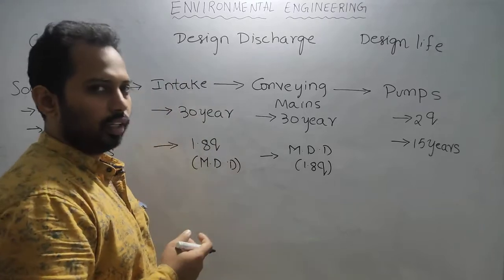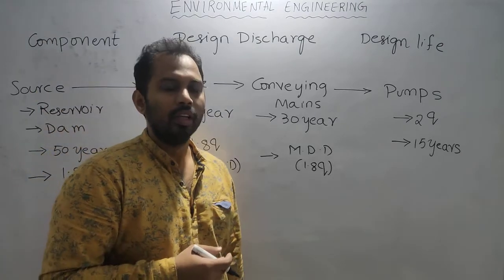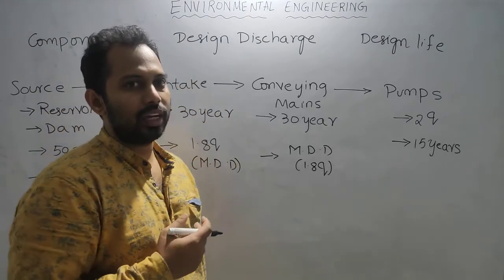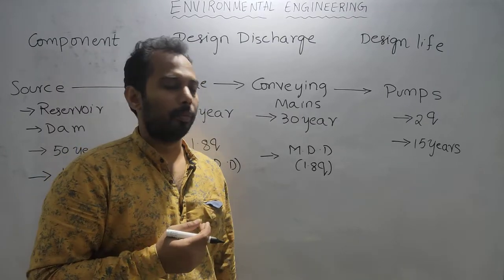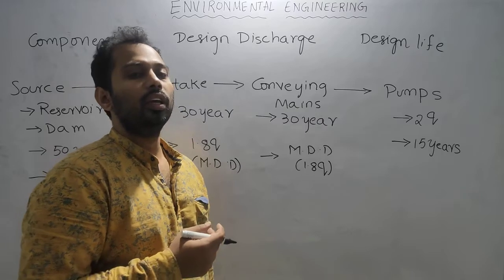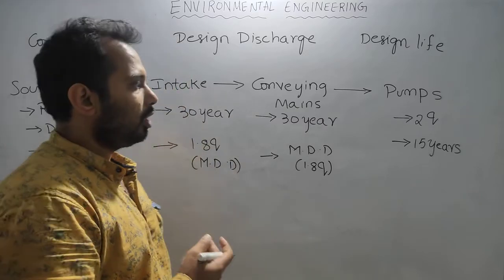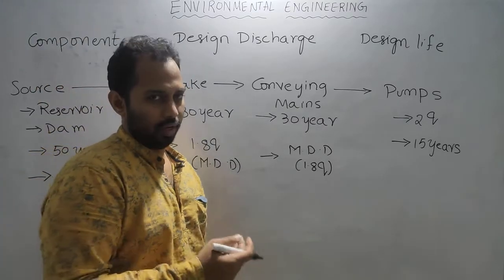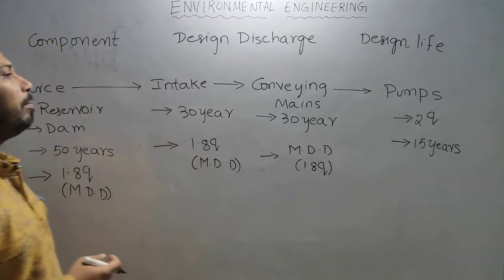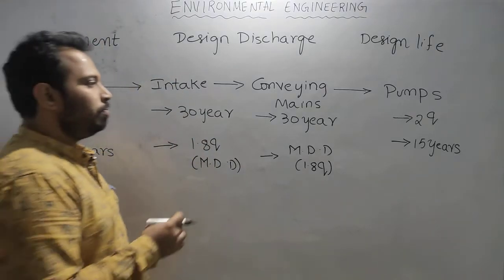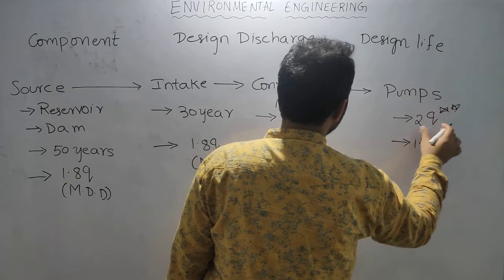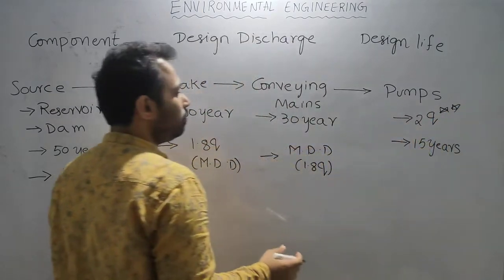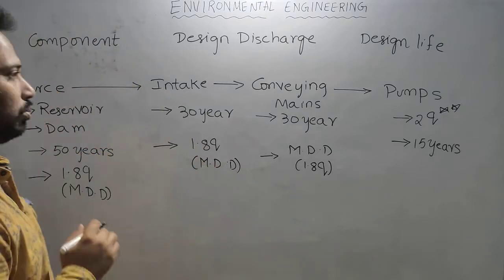With 15 years, the pumps will get damaged anyway because of wear and tear, and technological upgradations can be easily incorporated because we are dismantling and rebuilding after 15 years. So the discharge is more, to take care of friction and losses, and the design period is also very short, 15 years only.